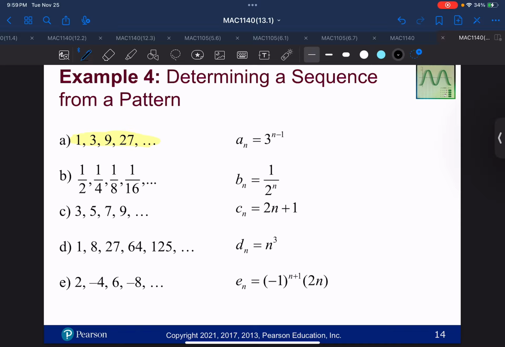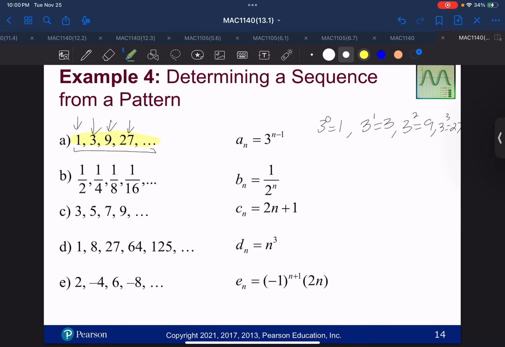So if the sequence is all different powers of a number, like this one, all these numbers are powers of 3. So this could be 3 to the 0 power is 1, 3 to the 1 power is 3, 3 squared is 9, and 3 cubed is 27. So we see a pattern because these are all powers of 3.